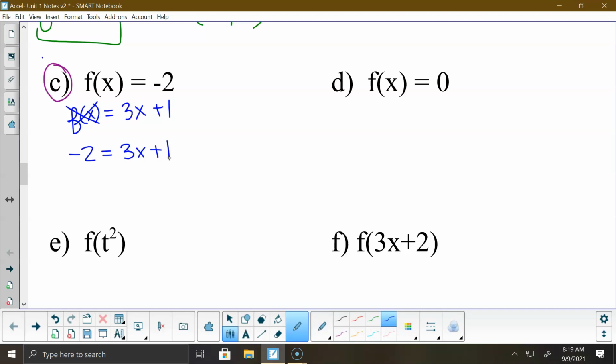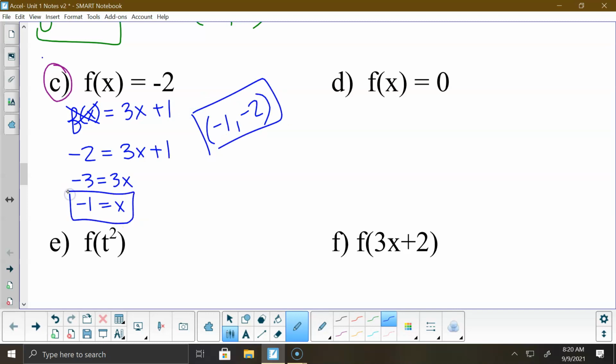So now my goal is to solve for x. Move my 1, and I've got negative 3 equals 3x. Divide both sides by 3, and I get negative 1 for x. So if you want to get in the habit of writing it like a coordinate because you're kind of afraid you're going to try and start doing funky things with it, you can. Or you could just say x is negative 1.